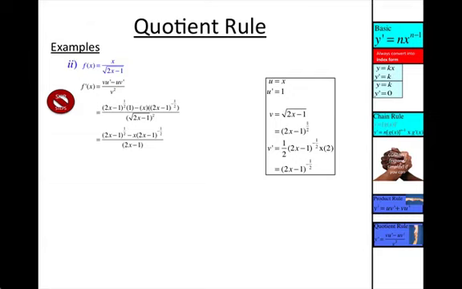Okay. Now, as with most products and quotients, we always need to remember to take out the HCF. And this is, as I've mentioned a few times, probably the hardest part. And this is no exception. In fact, this is even slightly harder because you look at it and you know that the chain in some form, the 2x minus 1 to the half part, is going to be your highest common factor.